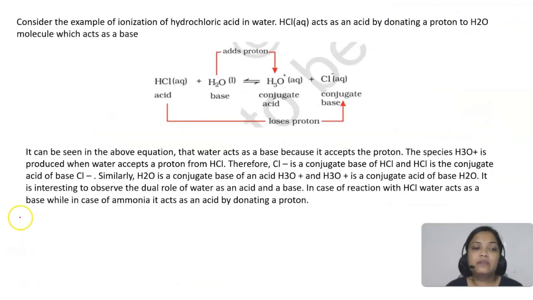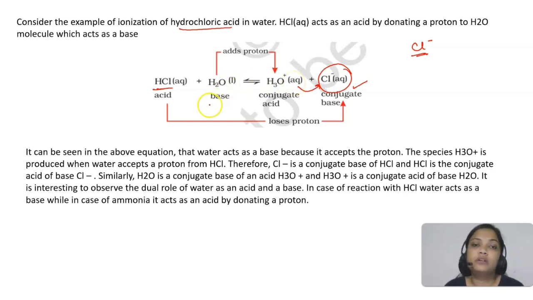Now we will see one more example, the ionization of HCl in water. So HCl is acting as an acid in this case and water is acting as a base. HCl will donate its proton and it will get converted to chloride ion. Now this chloride ion will be the conjugate base of HCl, because in the reverse reaction it will accept a proton from hydronium ion.